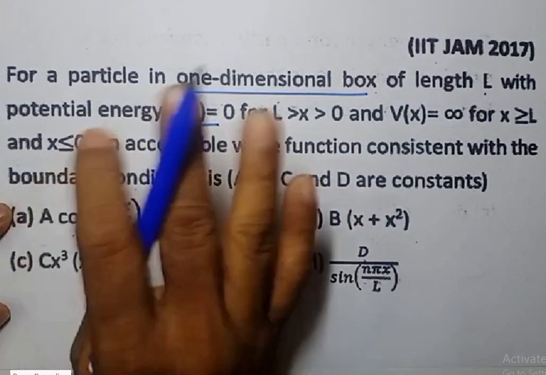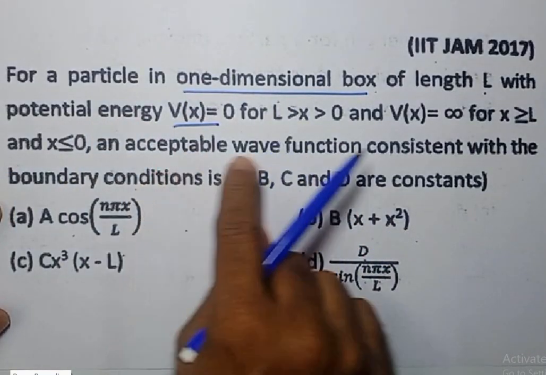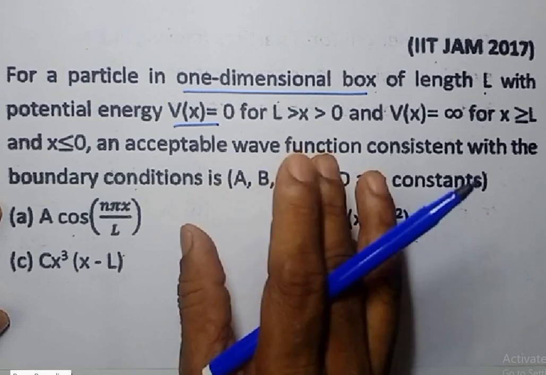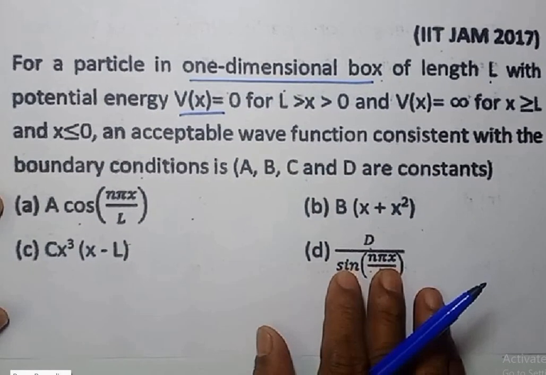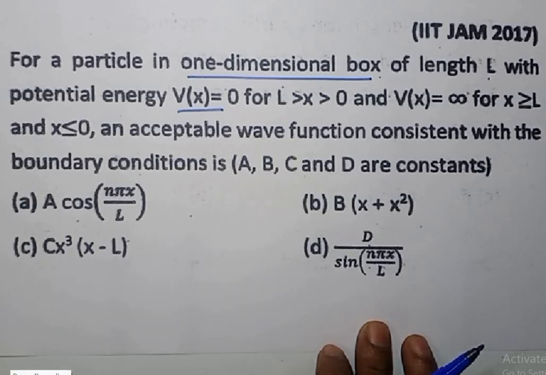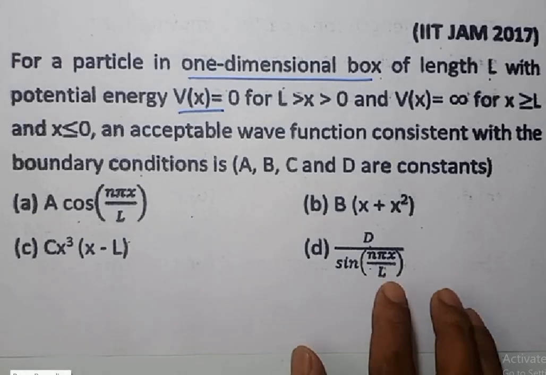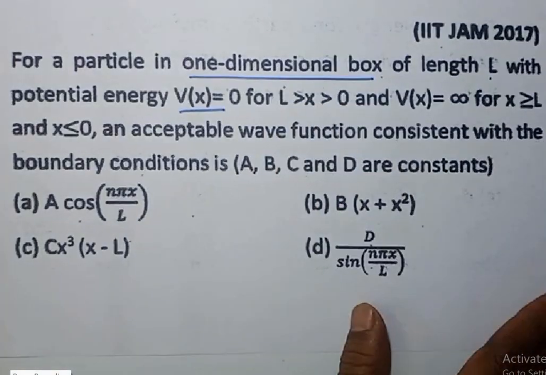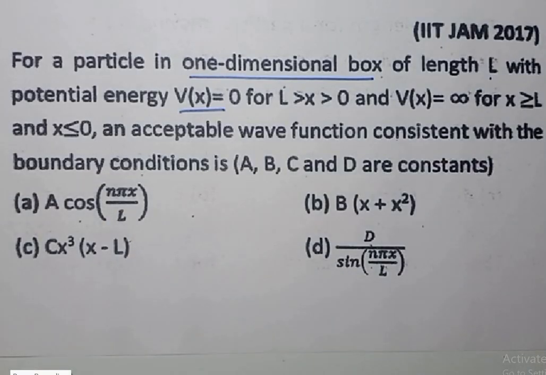That is also a correct perfect 1D box. An acceptable wave function consistent with the boundary condition is, they are asking for the accepted wave function. Just go through all the options and tell me which is the acceptable wave function. See here, the box length is actually 0 to L. Let me give you this information.